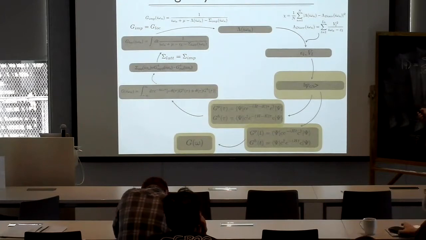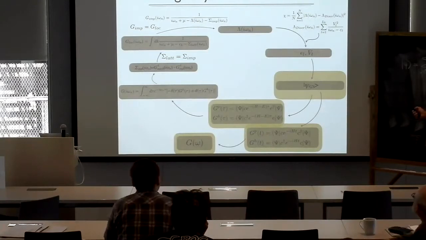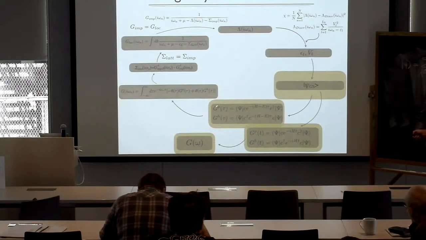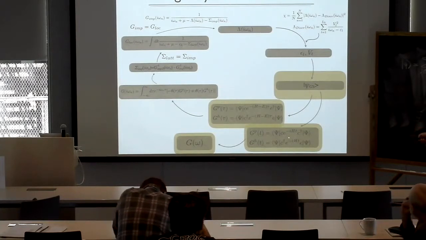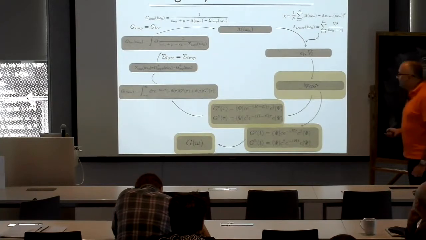You introduce a Bath with hopping terms and on-site energies that results in a hybridization function of that form, which you fit to that one in order to get hold of the hoppings and on-site energies. This is a standard procedure. And this is where we use the matrix product state technology: to find the ground state, then to calculate the Green's functions, both in imaginary time and also in real time if desired, once we have converged the DMFT loop.